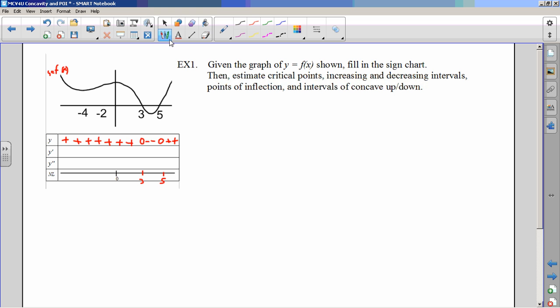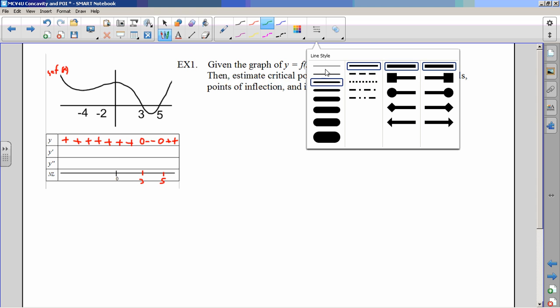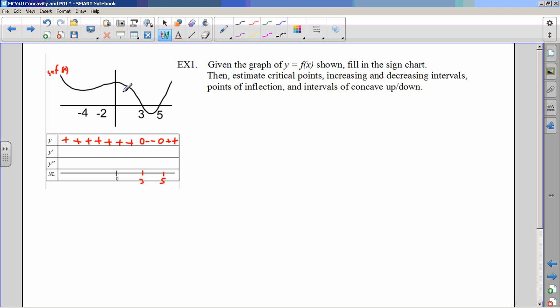I'm going to change color so you can see on my graph when I'm doing the first derivative. So where's the first derivative 0, first of all? Well, right there, it looks like, maybe at -4. Maybe here at 0. Where else?